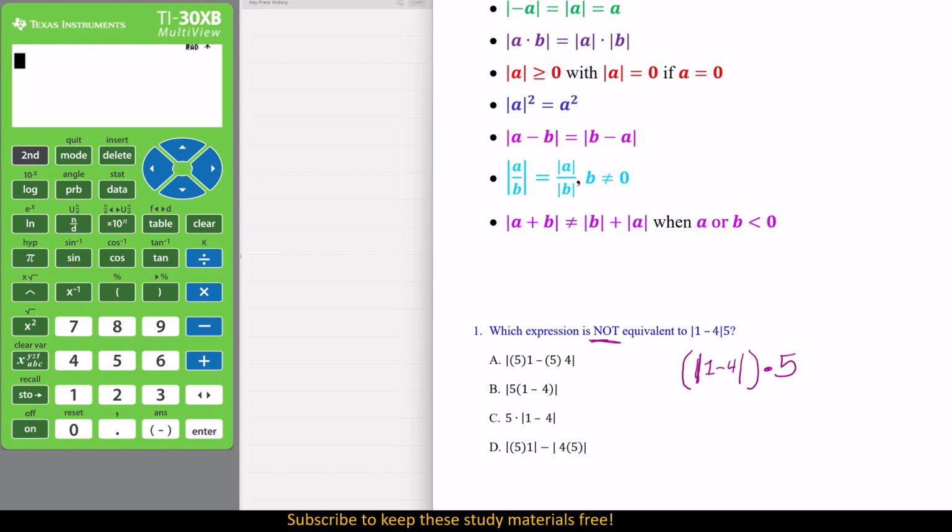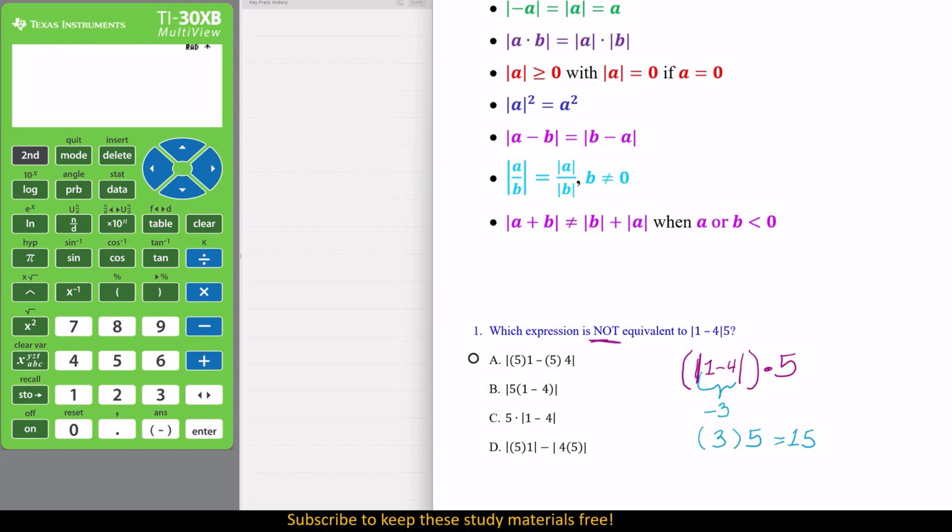So what we need to do is think about what this really means. If we solve this, everything inside the absolute value, well, 1 minus 4 is a negative 3. The absolute value of negative 3 is 3. So we would be multiplying all of that by 5, and the result should be 15. So what are we looking for?